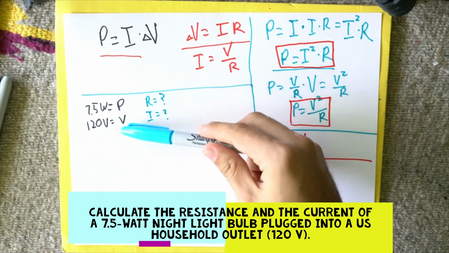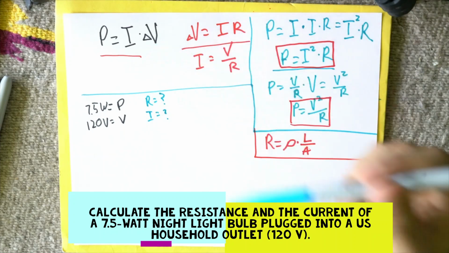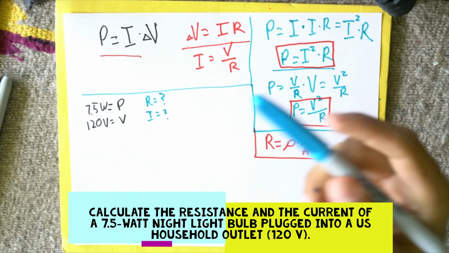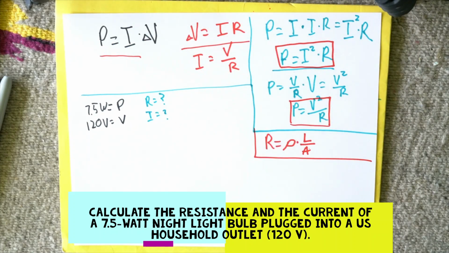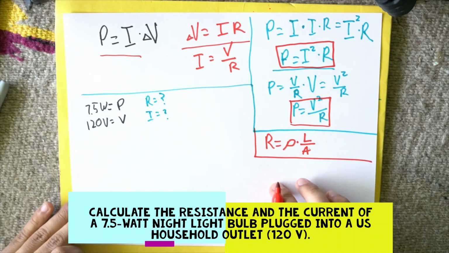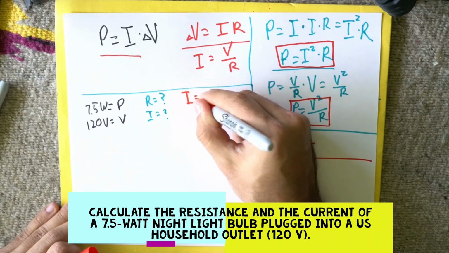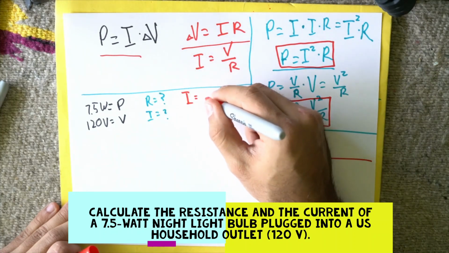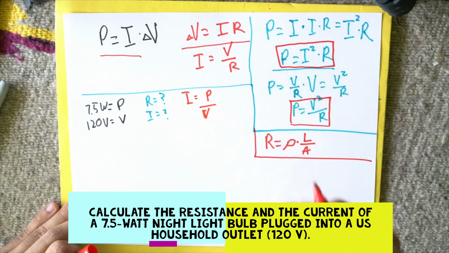Using power and voltage, which one is the easier one to find out first? Well, if I look at my very powerful equation right here, I'm just trying to find I, so I can solve for I pretty quickly. I, or my current, is just going to be equal to my power over my voltage.